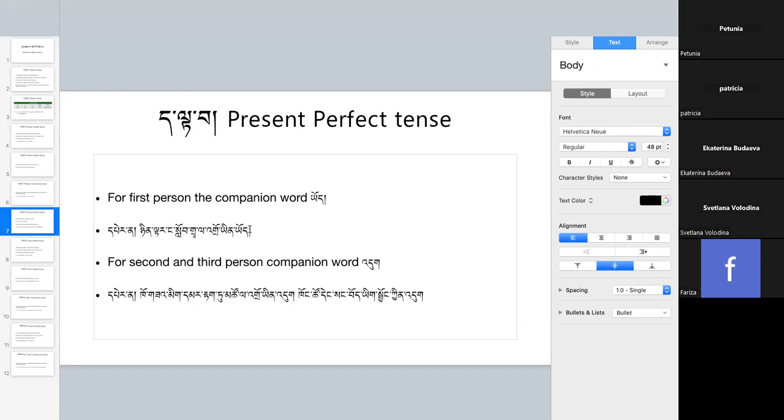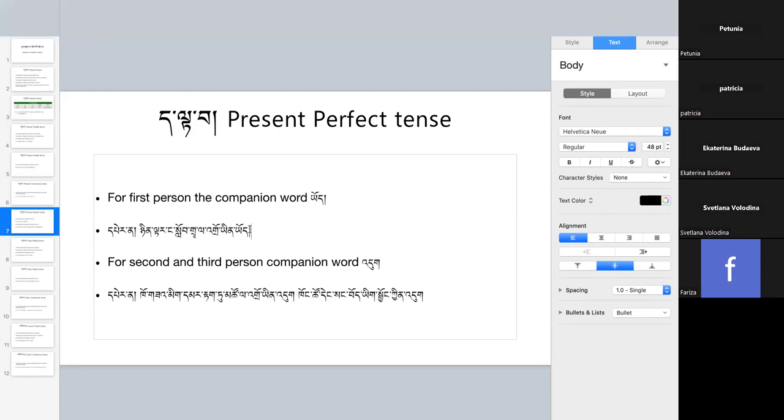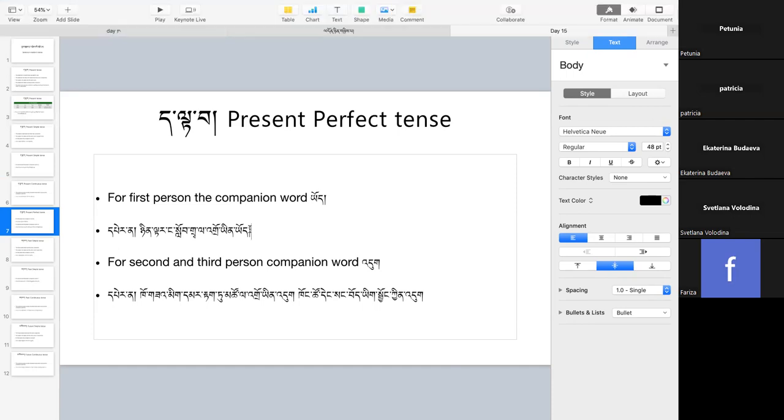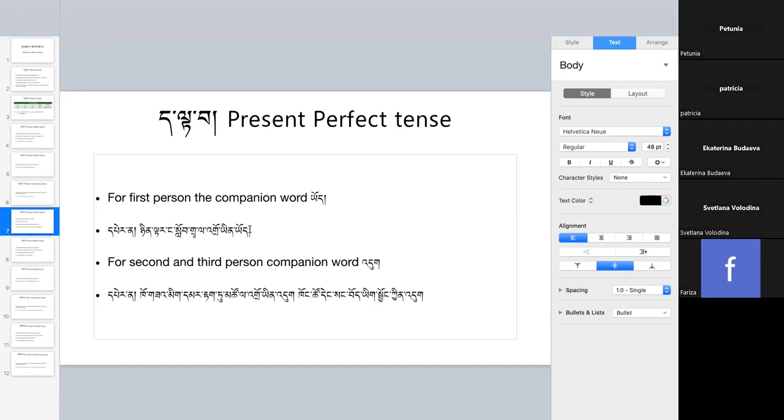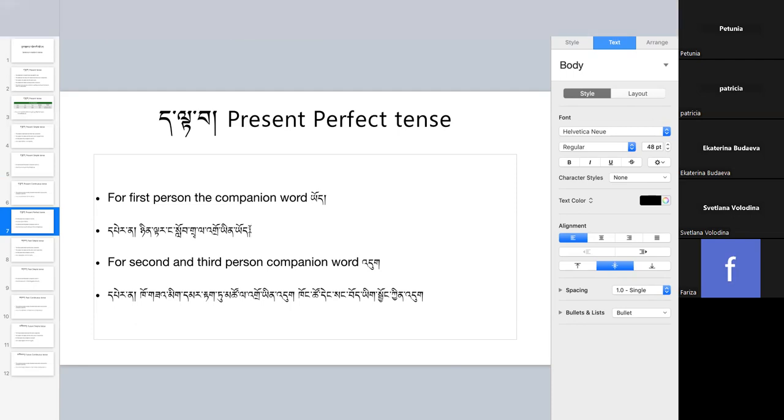Then we have the second case where we have the second and the third person companion word with tuk. The yin and kin are all the same for both cases.